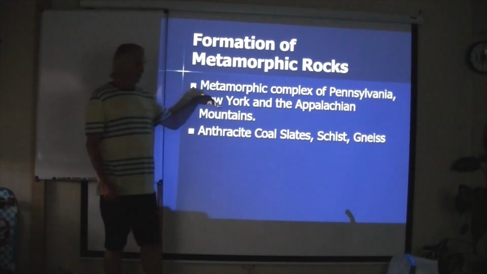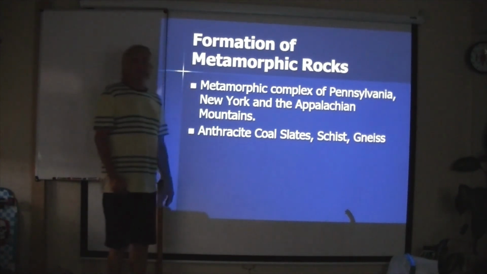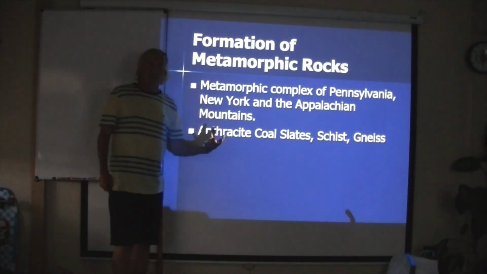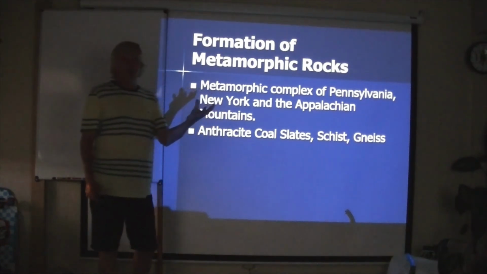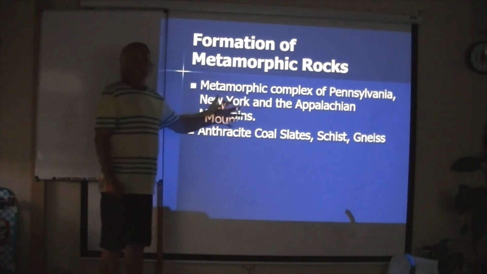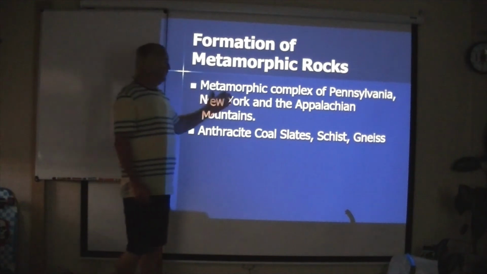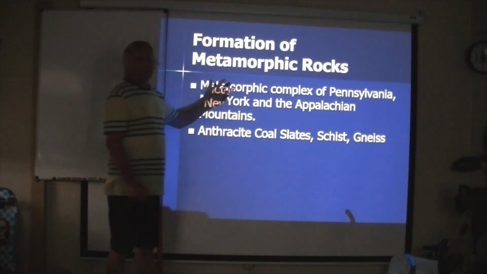That oceanic plate subducts and goes underneath the United States. That melted plate is then going to come up in the form of plutons, magma. That magma is going to make contact with existing sedimentary rocks. And this is why you see throughout the Appalachian Mountains a lot of metamorphic rocks.